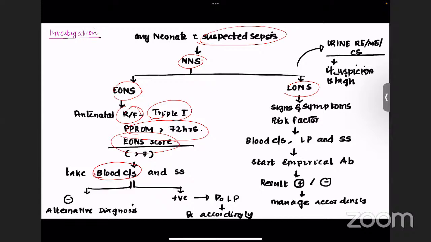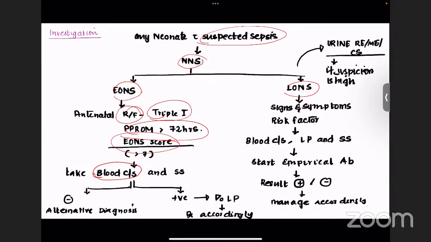It should be taken at the first instance, not your sepsis screen. Sepsis screen can wait, whereas blood culture is the standard investigation for any suspected neonatal sepsis, whether early onset or late onset. Always do a blood culture along with the sepsis screen before starting antibiotics.